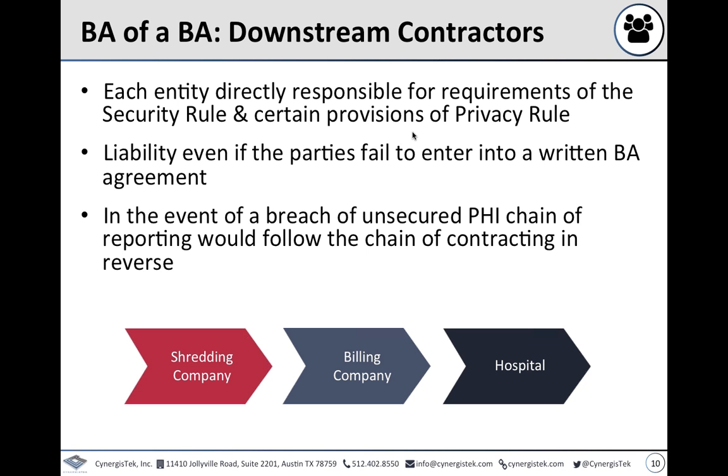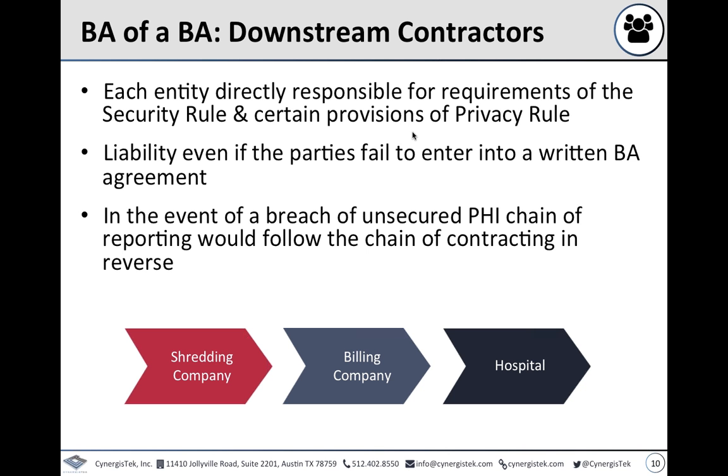So, in the event of a breach, the chain of notification would be the reverse of the chain of contracting. So, in the case of a hospital that has contracted with a billing company to perform billing services on its behalf, the billing company is the BA of the hospital, and then the billing company contracts with a shredding company or waste removal service to take care of the paper waste that contains PHI.